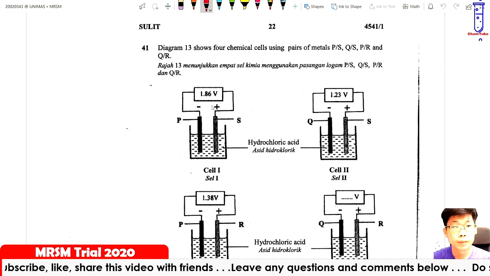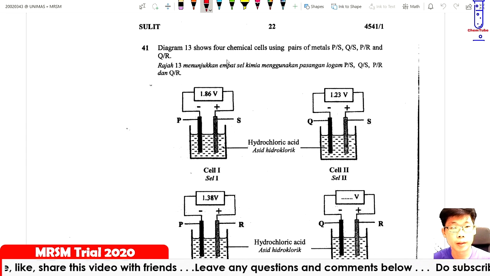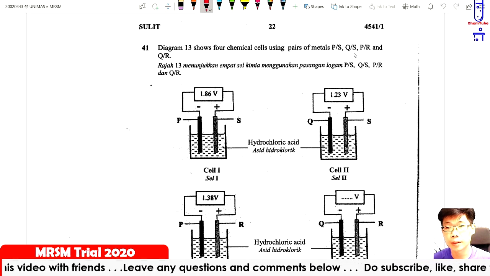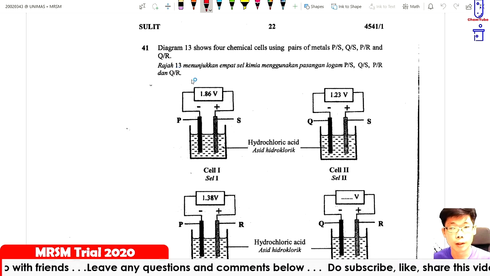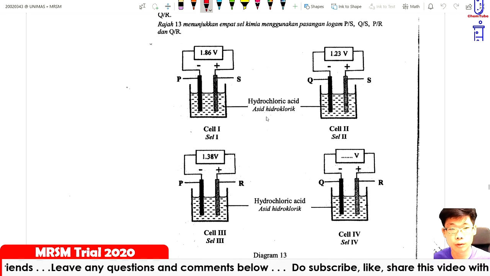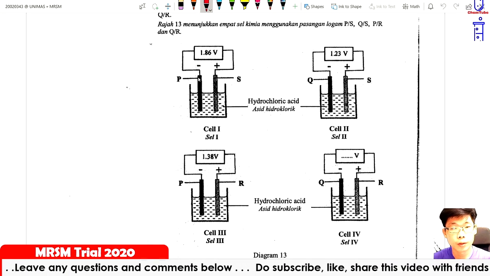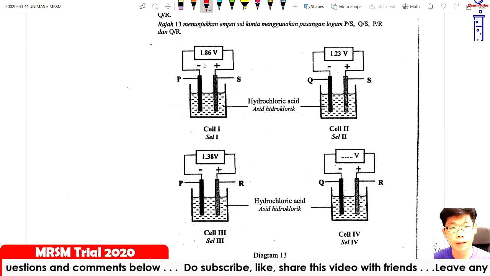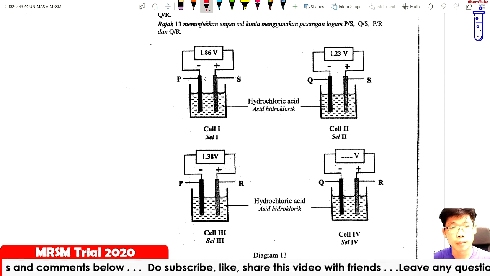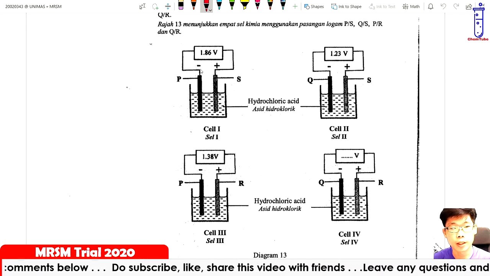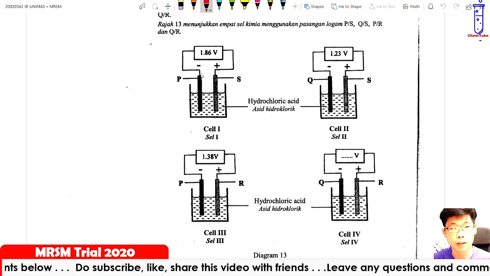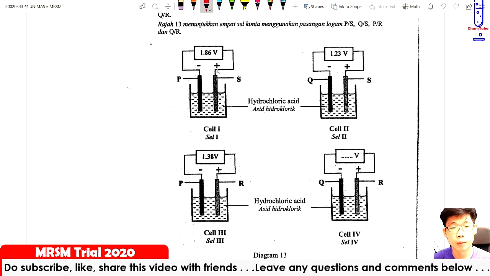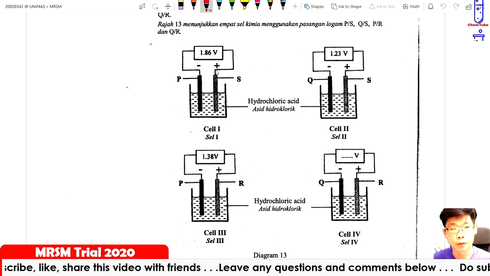Question 41. Diagram 13 shows 4 chemical cells using pairs of metals PS, QS, PR, and QR. Let's have a look here, cells 1, 2, 3, and 4. The concept here: the negative terminal or anode is higher in position in the electrochemical series. The positive terminal is a lower position in the electrochemical series.